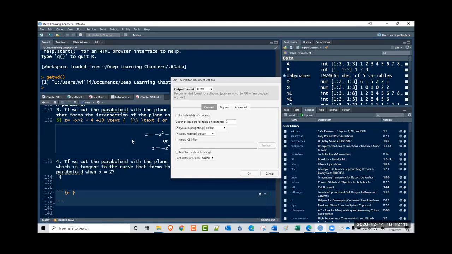So if you actually want to have images, you have to treat it like it's a web page, I guess. There are figures here and advanced. So yeah, I don't know exactly what this theme does, and I don't know what this default highlighting is. But you have some options that you can play with here.